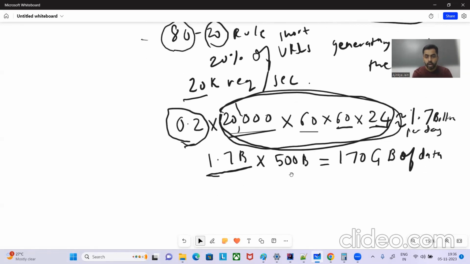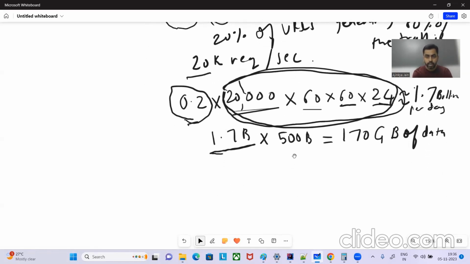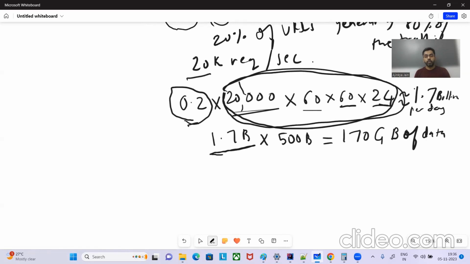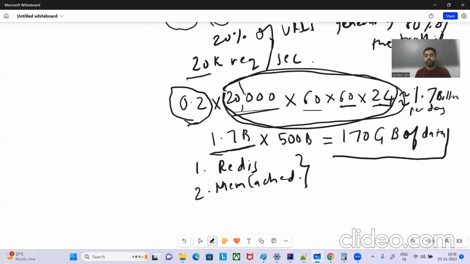Our cache can be Redis, a distributed caching system or service, or Memcache. We can use either of the two. So 170 GB of memory will be required to store 20% of the traffic.